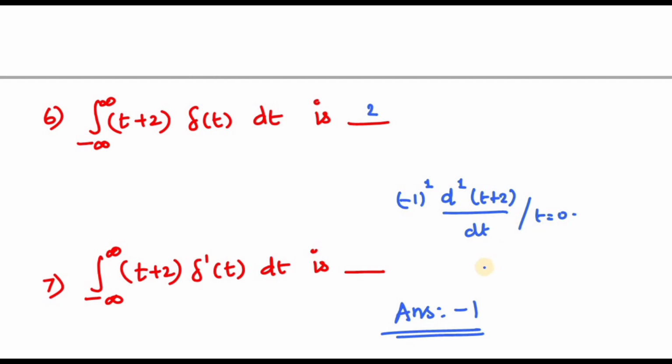So if I differentiate, I will get 1, right? So here I'm not getting any t value, so I will get answer as minus 1.